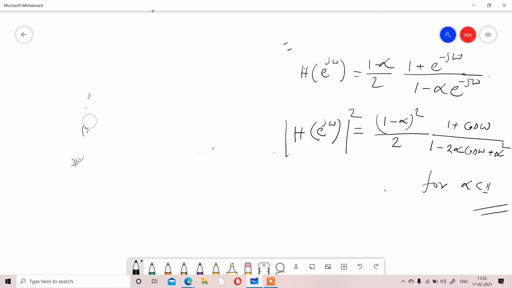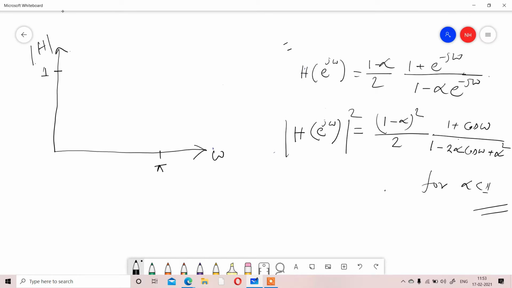If we represent the values of omega and alpha, then you will get a magnitude response whose maximum will obviously be 1, and minimum will obviously be 0 at pi.